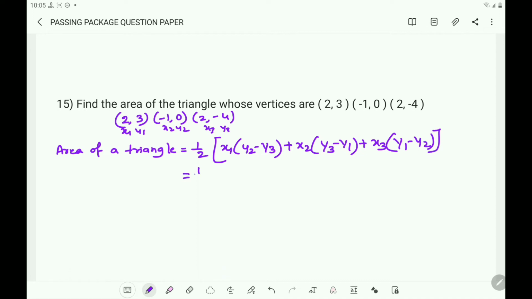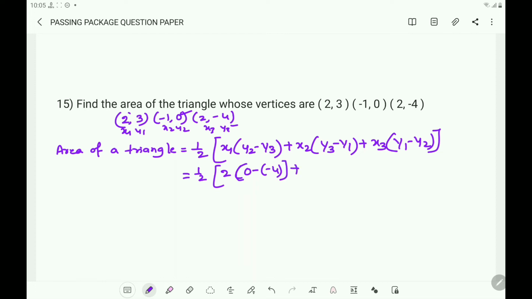Next you write half into x1. x1 is 2, 2 into y2. y2 is 0, 0 minus y3. y3 is minus 4. Minus 4 you write.